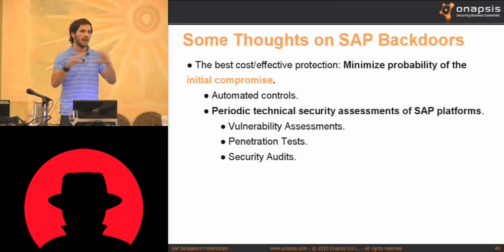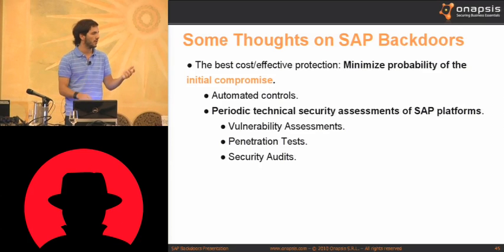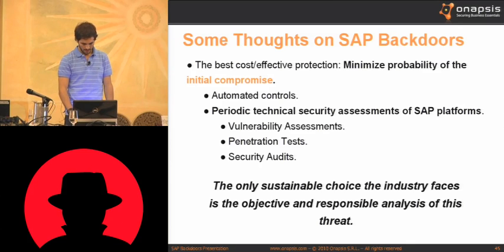So you should analyze every SAP system in your network, not just production. There has been some controversy about this talk, but I think that it's something that we should analyze objectively and responsibly. Just showing that this is possible means someone could be actively exploiting this. So we have to deal with that.